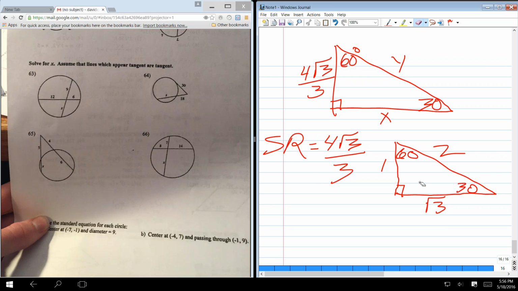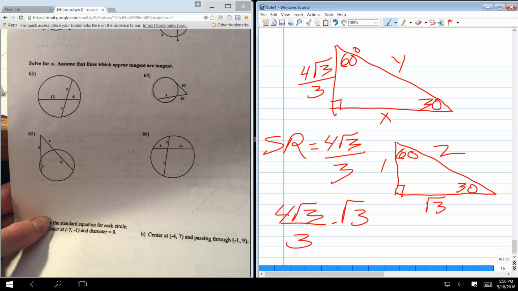Could we just work on the radicals? Well, sure. Here, we'll do it. The similarity ratio times √3 is what? There's the similarity ratio, and I'm multiplying it by √3. That's going to give me x.